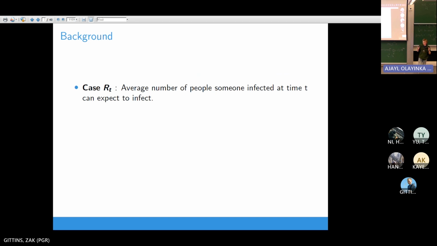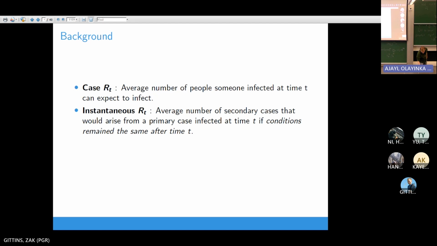So there's about maybe 15 of us in the room at the moment. If, over the course of all our infectious periods, we infected 45 people, then the case reproduction number for us would be 3. And I think that's a fairly intuitive understanding of it.